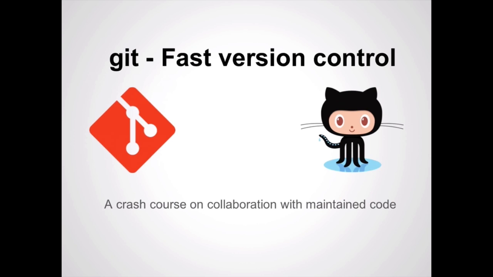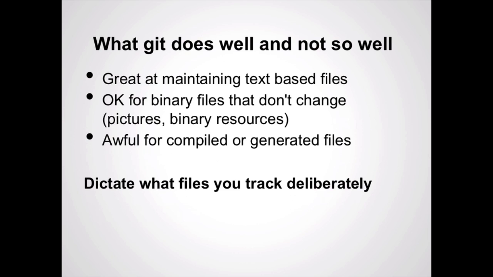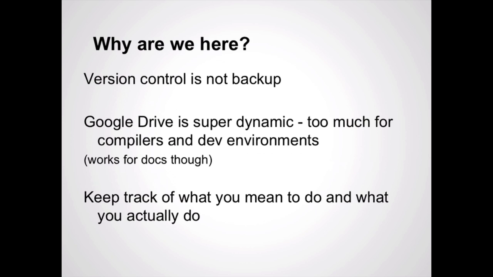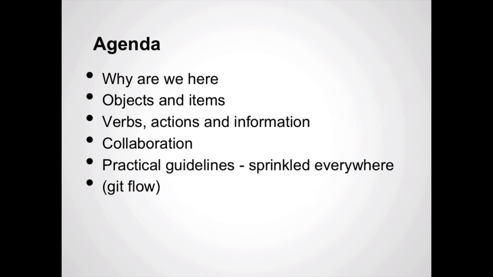We're going to talk for the most part about Git. The agenda: I'm very sorry about the slideshow, it's screwed up because it's Microsoft. This is what we're going to do today. Why we are here, what is Git, how are we supposed to work with it, and how does it really work.